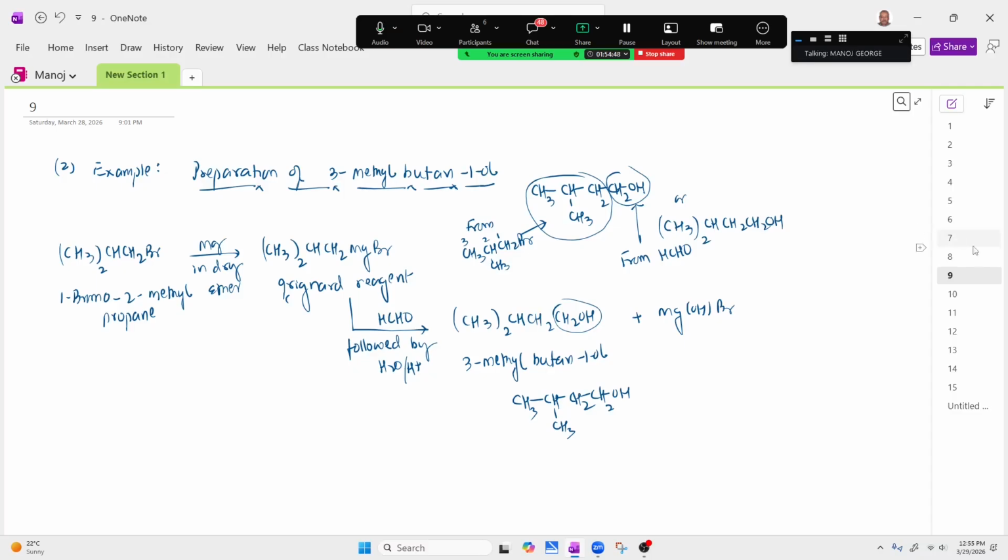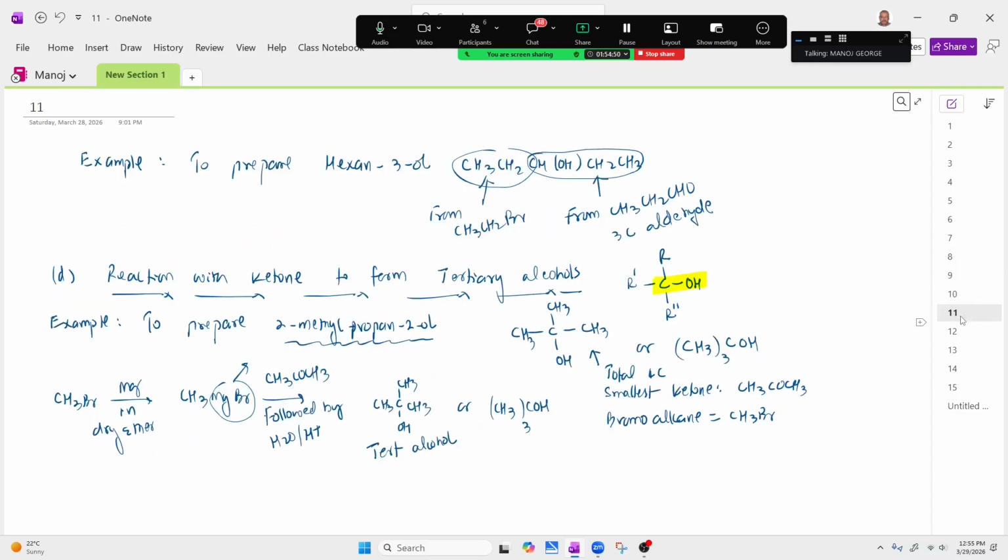It's perfectly fine. I'm not saying you're wrong if you write it that way, with a carbon connected to three CH3 and then OH. But you wouldn't see this in the textbook because the OH is connected to the carbon. The way you wrote it, the OH and the carbon look like they're not together.